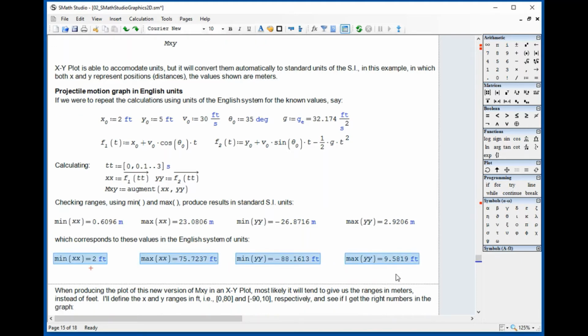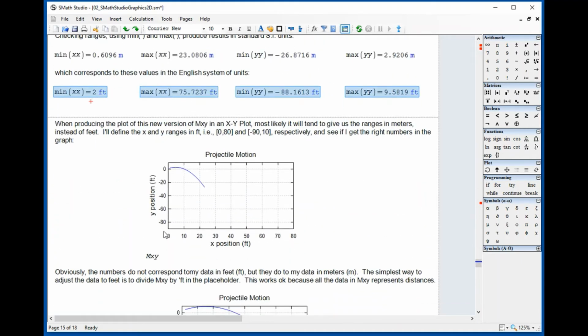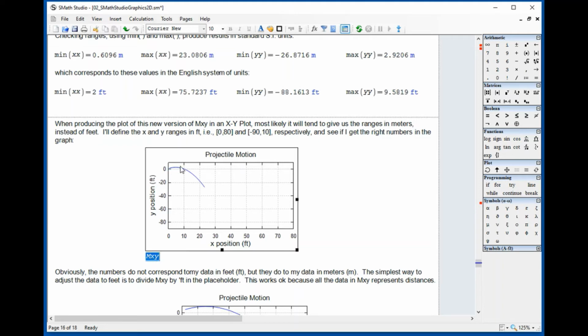So I'm going to try to use those as my limits for x, between 0 and 80 to enclose those values, and y from minus 90 to 10. Except that when I put mxy here, I get a graphic that doesn't cover those ranges. The reason is that my data is in meters and these positions are in feet, and so they're incompatible.